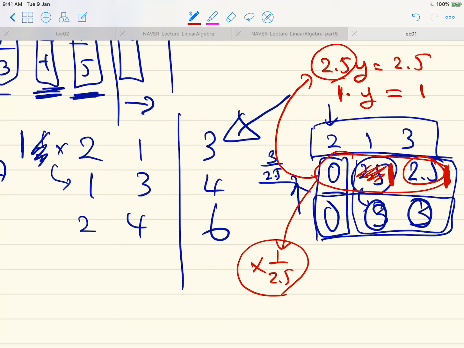So the first one is the interchange, and the second one is scaling of the single equation, and then the last one is what we already did when changing the second and the third equation, which is like a row replacement operation, replacing each of the subsequent rows by just subtracting a multiple of the previous or the other equation, right? So that is called the row replacement operation. So that is the third operation.